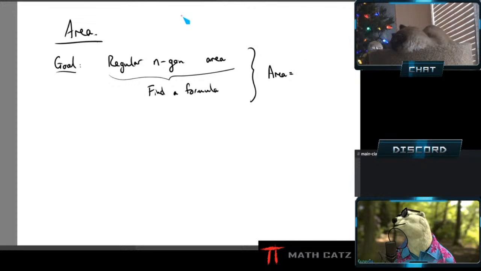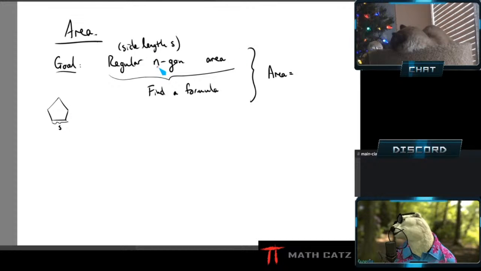If I have a polygon, let's say here the side length is called S for side length. So maybe I have a little pentagon here, it's regular, each side length is S, right? S all the way around. And I have 5 of them.